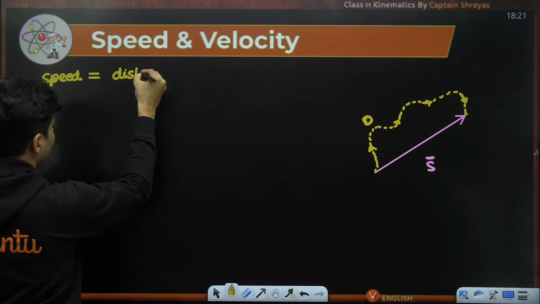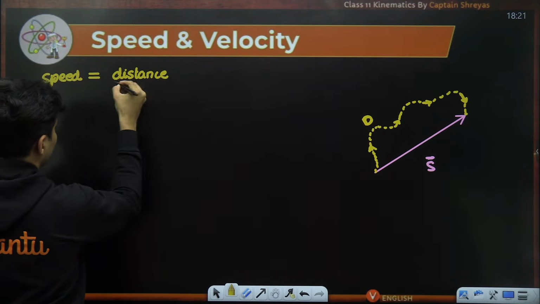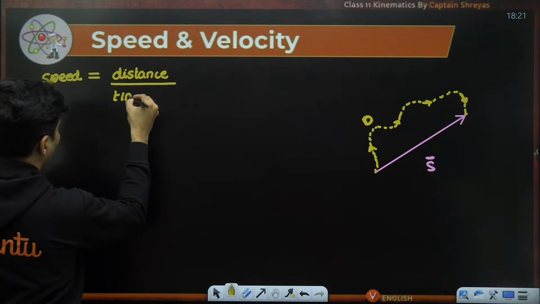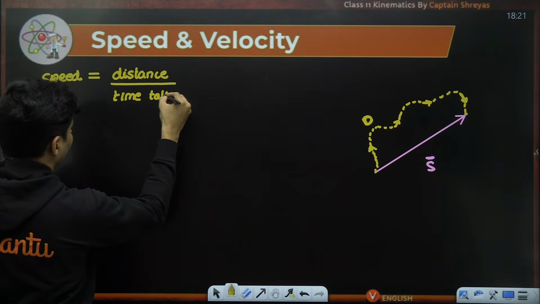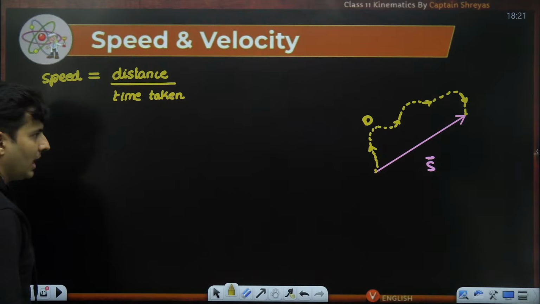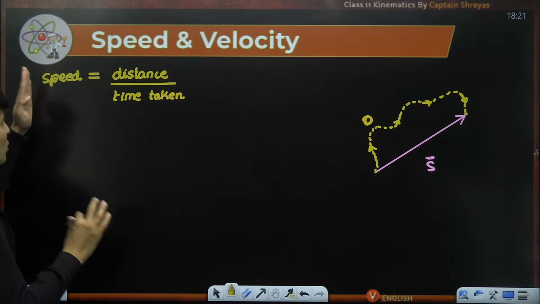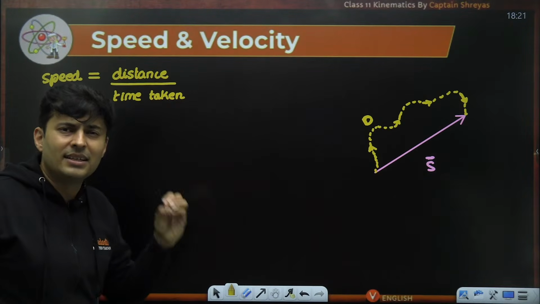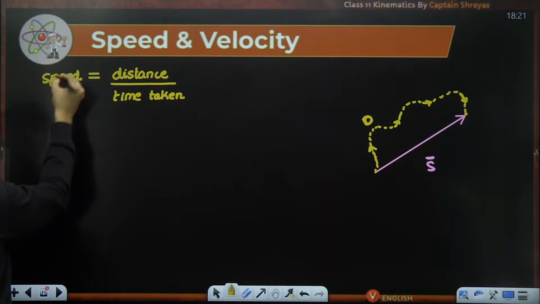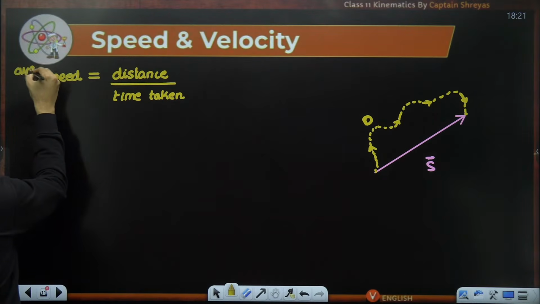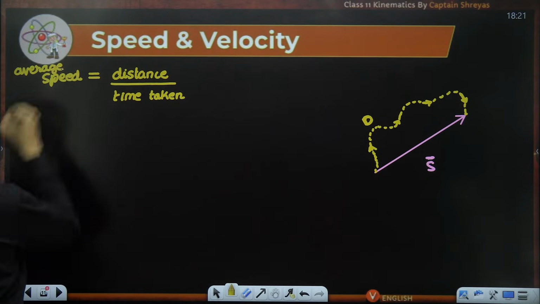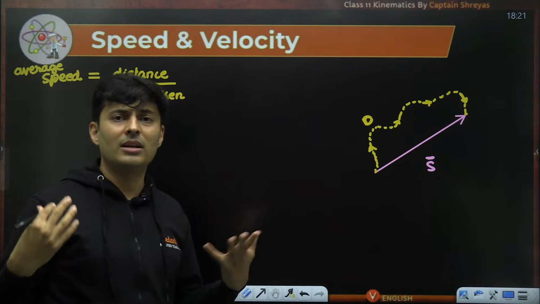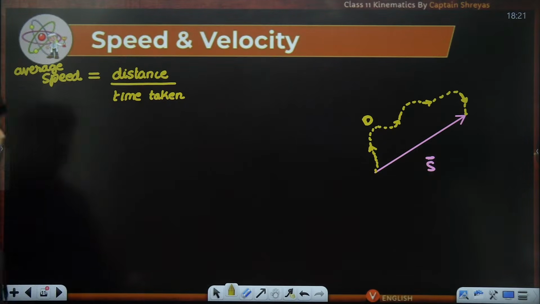So if you ask me what is speed, speed is nothing but how much distance you have traveled upon how much time you have taken. But for now, let's discuss only average speed, not instantaneous. Instantaneous we'll talk in terms of derivatives later on, not in this class.